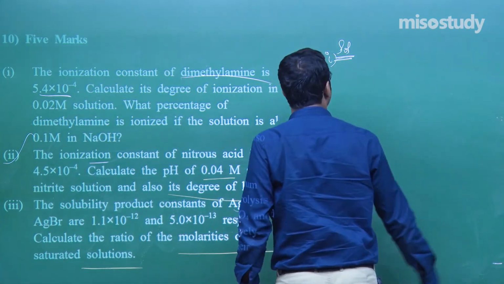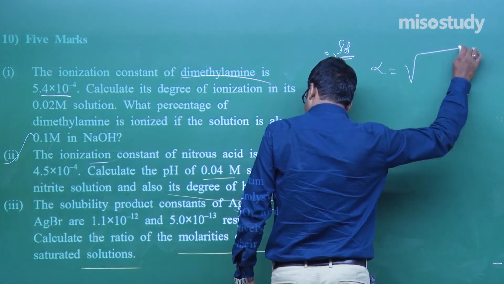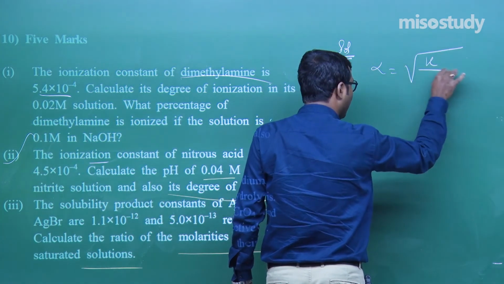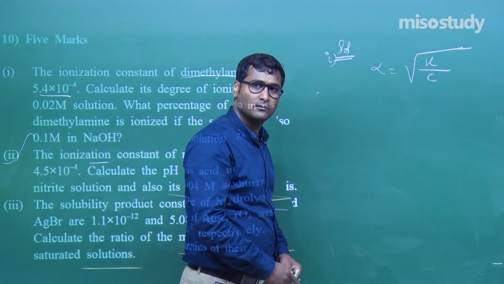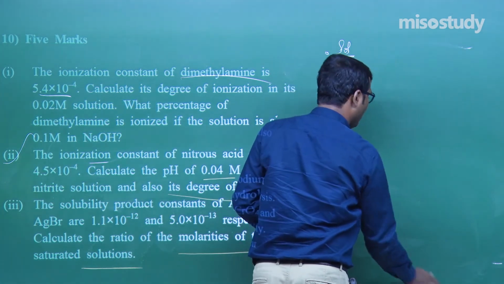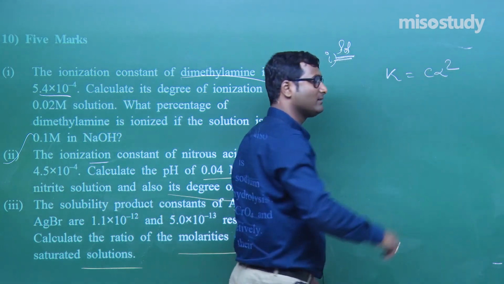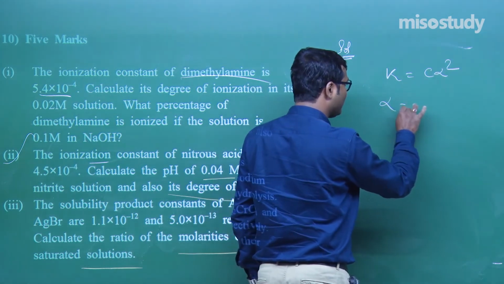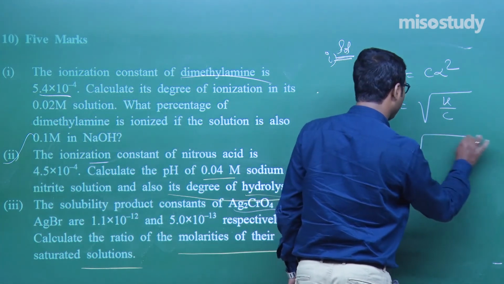As we know, alpha is equal to, tell me, root under K upon C. Because we know K is equal to C alpha squared, so alpha is equal to root under K upon C. What is K given?